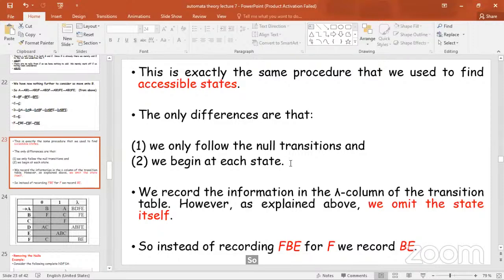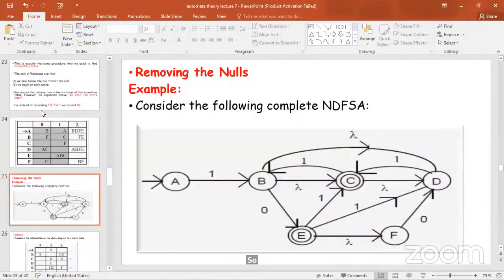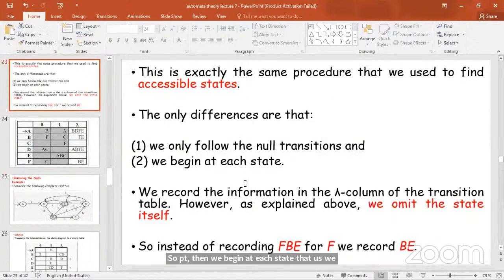Then we begin at each state, we process the one that has the states for the lambda column. So having done that, we record the information in the lambda column of the transition table. However, as explained above, we omit the state itself. So instead of recording FBE, we record BE.